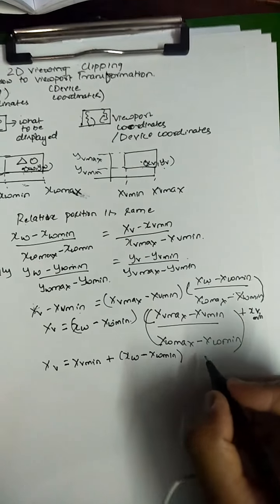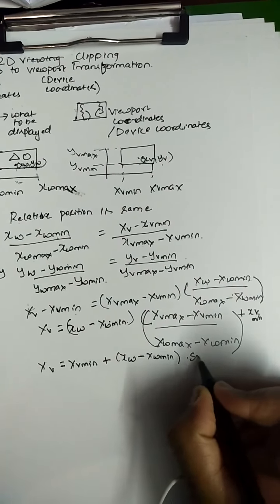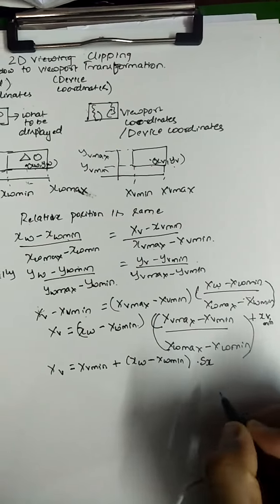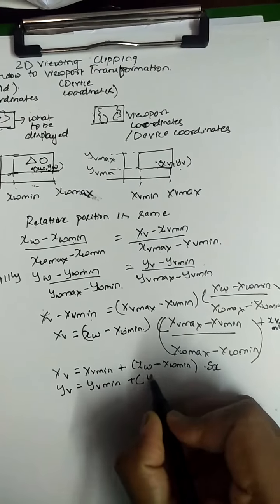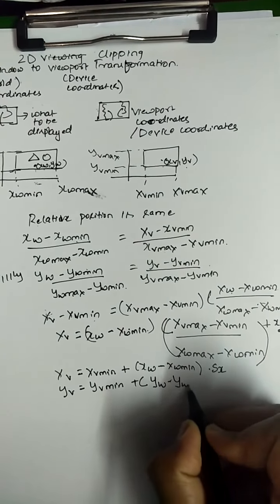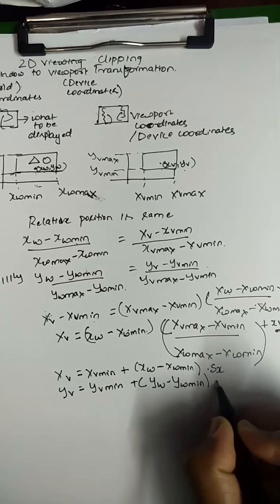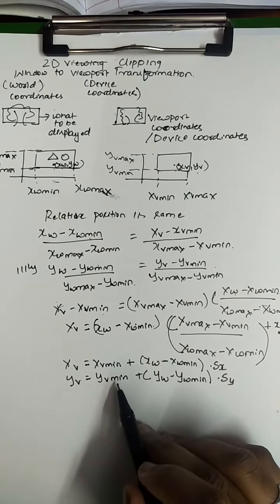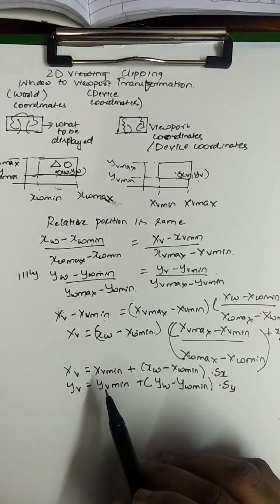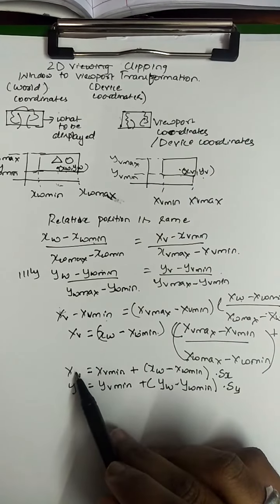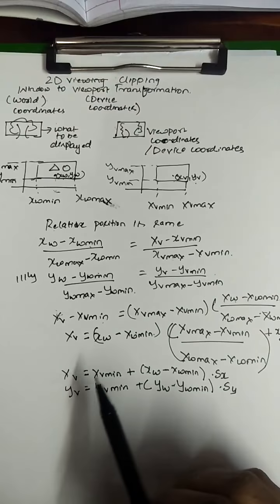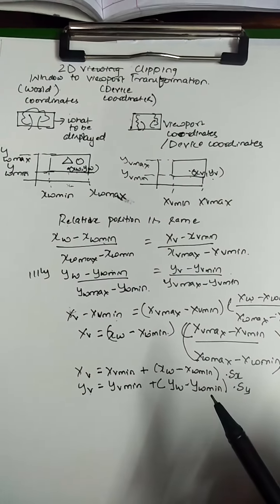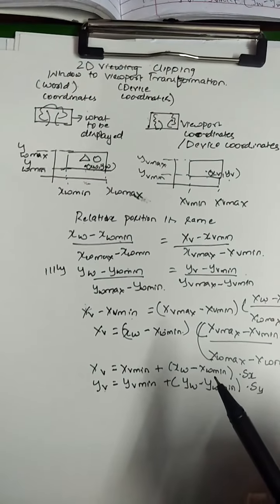Similarly, YV equals YV min plus (YW minus YW min) times Sy. From these equations we find the relative positions XV and YV in order to draw to the viewport.